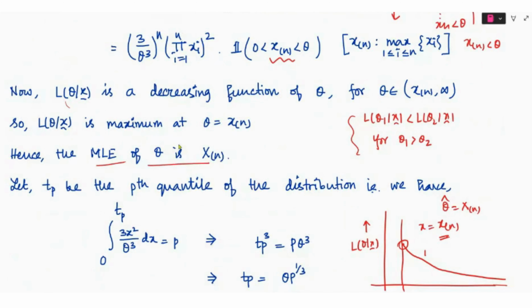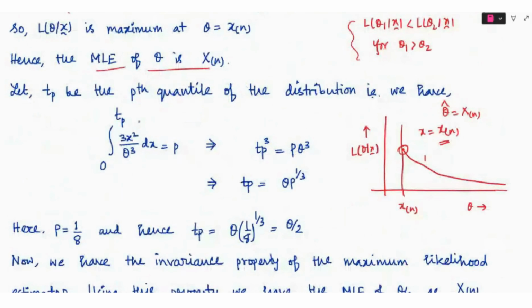Now let T_p be the pth quantile of the given distribution. From the definition of quantile, the integration from 0 to T_p of the PDF will yield the probability p, because T_p being the pth quantile means the probability that X is less than or equal to T_p is p, where X follows the underlying distribution.